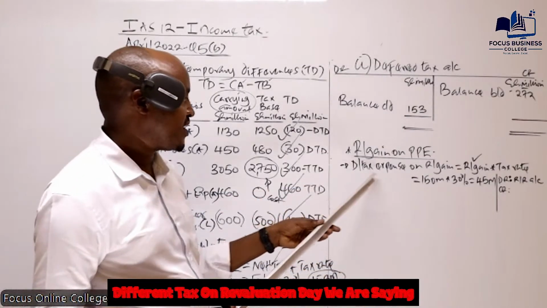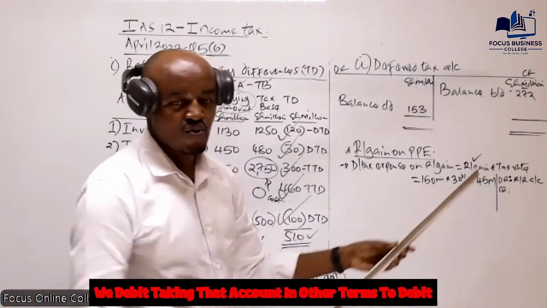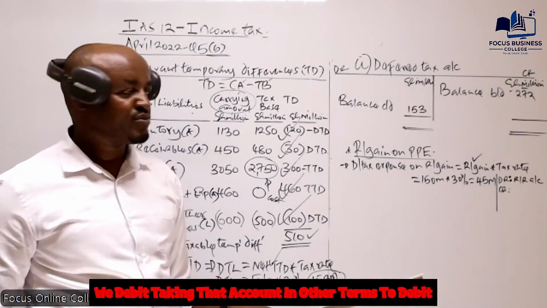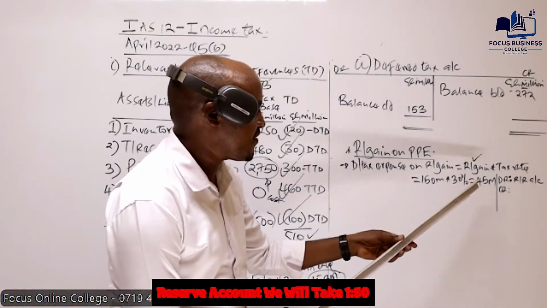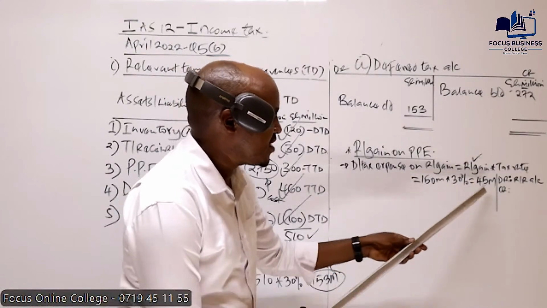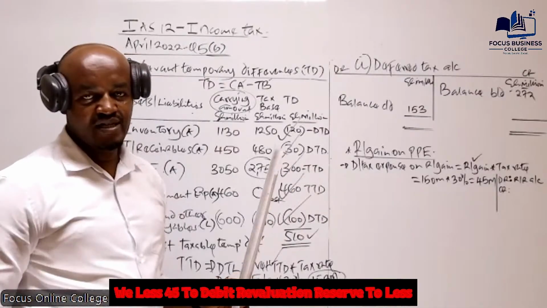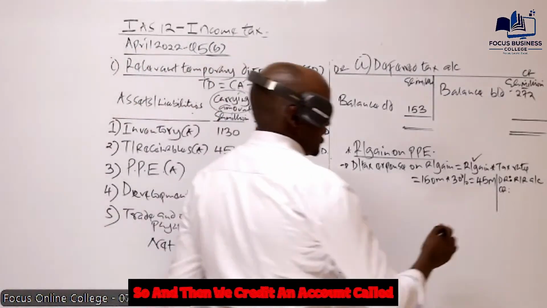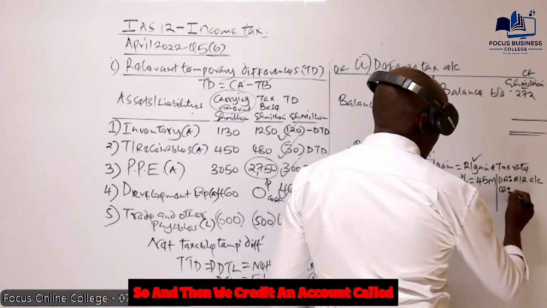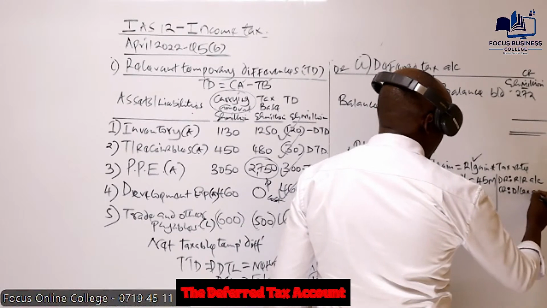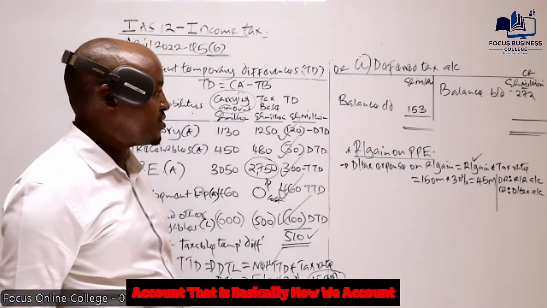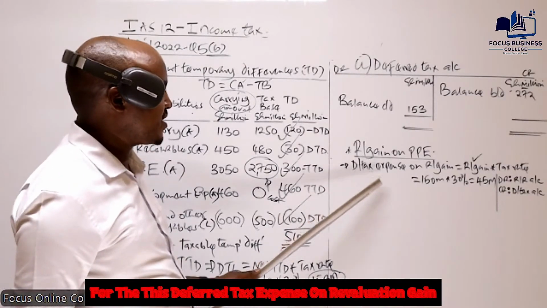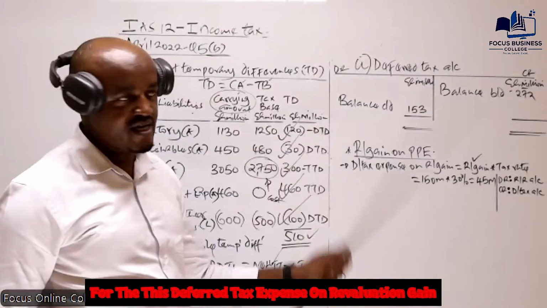Now, for this deferred tax, we debit that account. In other words, when transferring this amount to the revaluation reserve, we take 150 less 45. To debit the revaluation reserve is to subtract. Then we credit the deferred tax account. That is basically how we account for this deferred tax expense on revaluation gain.